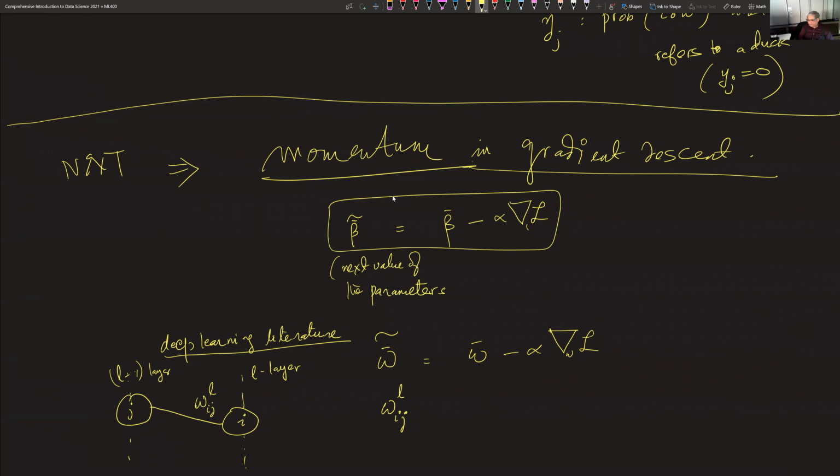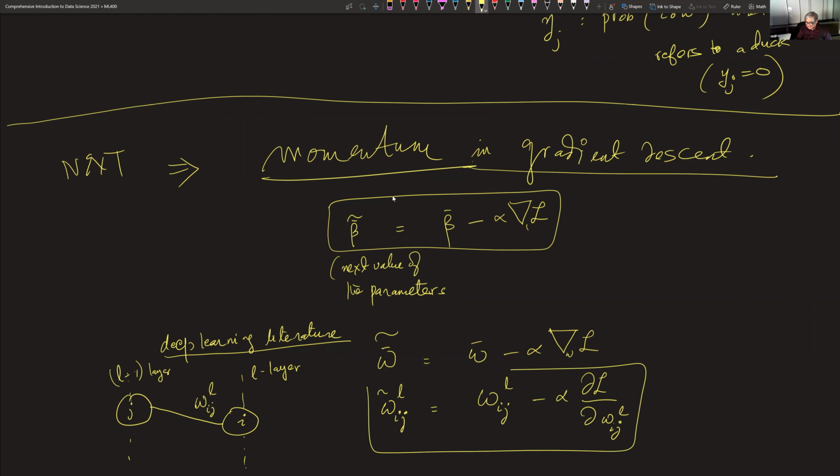This is just to recap, right? So the next value of this is equal to Wijl minus alpha, and then the gradient, when you do it, becomes a partial derivative, of course, because you're being very specific, with respect to Wijl, right?